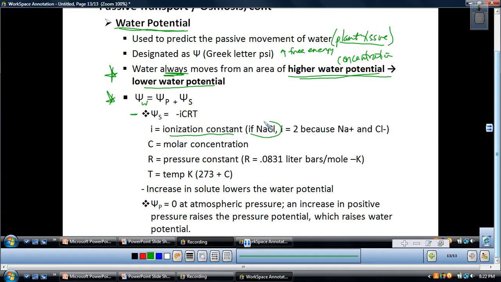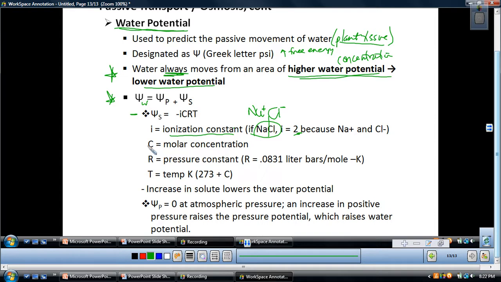Well, if salt is used, salt can ionize into an Na+ ion and a Cl- ion, so salt has an ionization constant of 2, because it can break up into 2 ions.